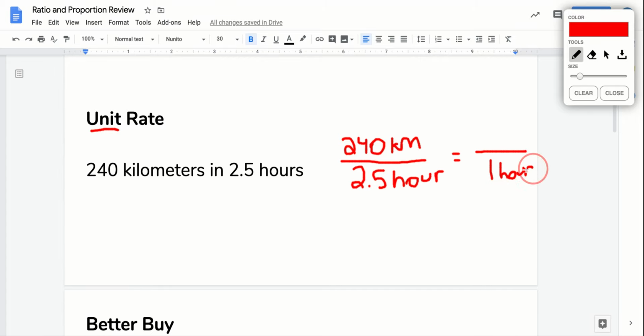You can grab a calculator and do 240 divided by 2.5. That's 96 kilometers in 1 hour. So unit rate, you are dividing to figure out per 1 hour.